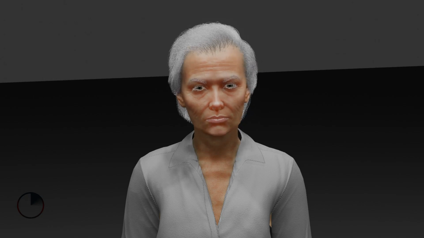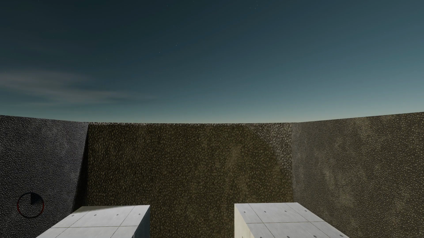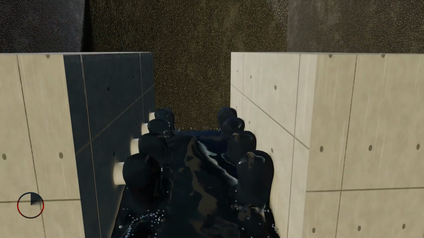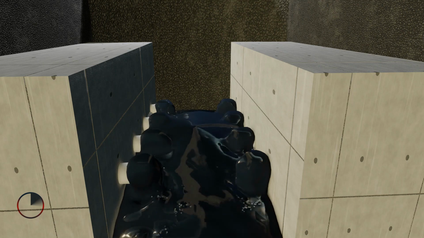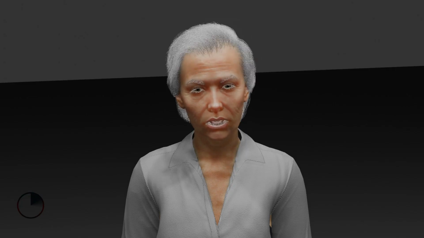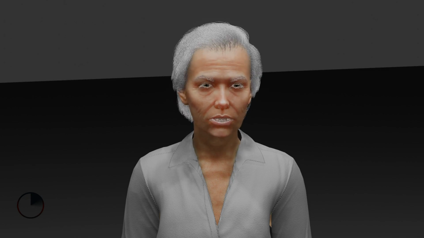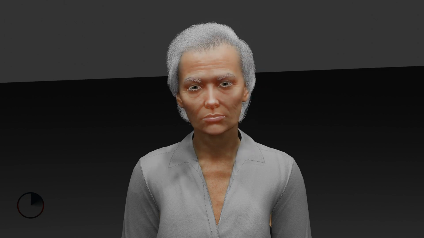Hydroelectric discharge, which is also referred to as flow rate, is usually denoted by Q. It is the volume of water that passes through a hydroelectric power plant per unit time. Thus, the unit for flow rate is meters cubed per second. Understanding the flow rate of the stream or river used for a hydropower generation plant is vital in predicting the available hydropower energy.